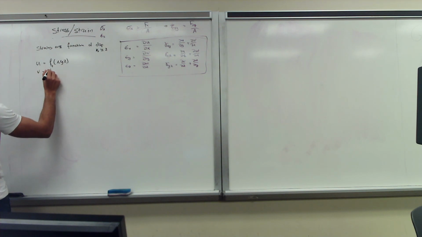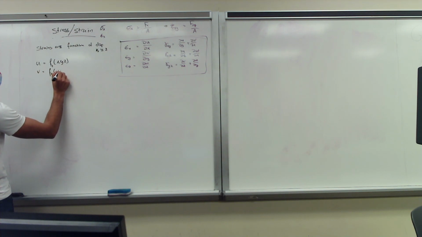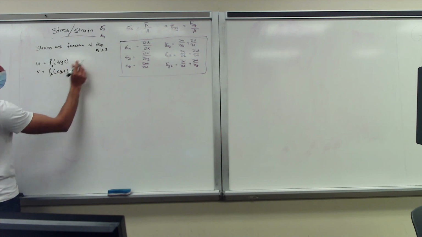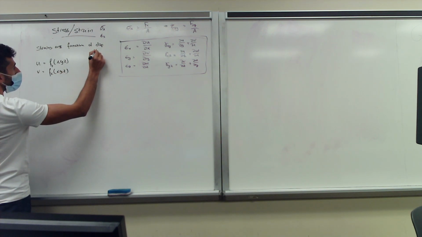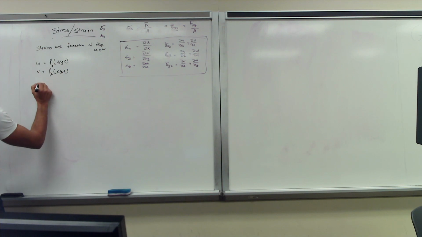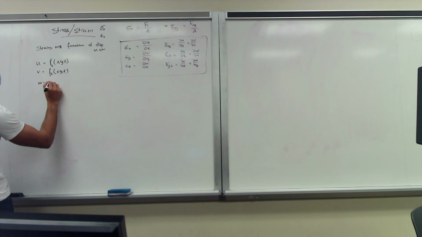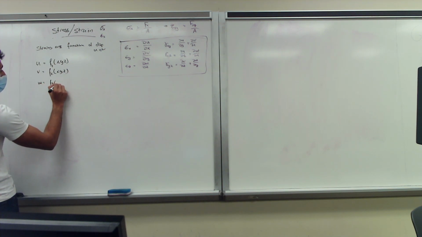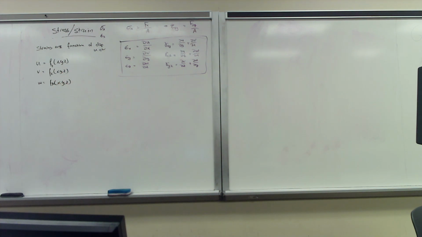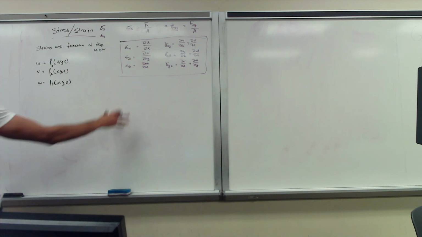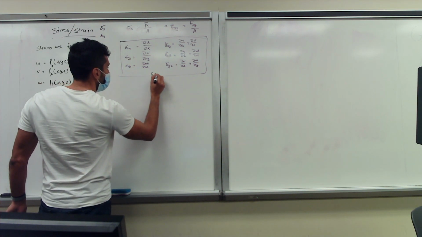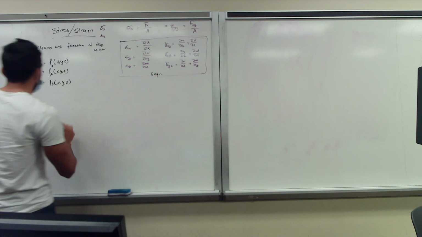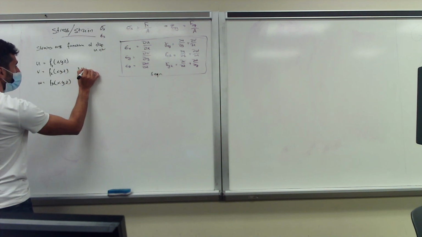Our displacement u can be a function of x, y, and z, and v can be a function of x, y, and z, and w is a function of our coordinates x, y, and z. If we look at it, we have 6 equations and 3 unknowns, basically.